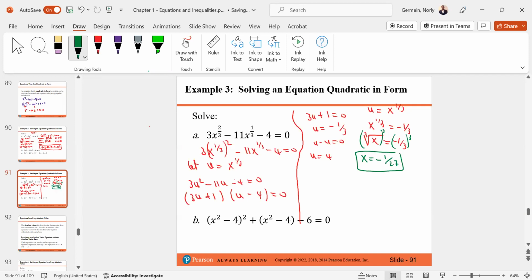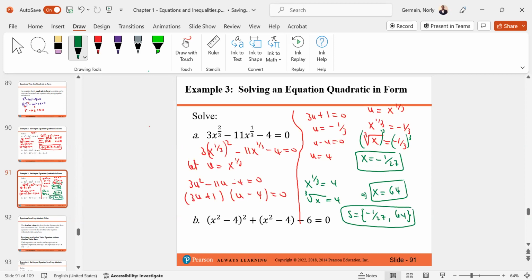Now remember, we said x^(1/3) equals 4. That means the cube root of x equals 4, and raising both sides to the power 3, x would be equal to 64. And those are our solutions. Not plus and minus 64, since it's a cube root. So we have negative 1/27 and 64 as our solutions.